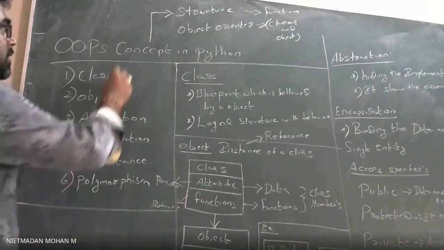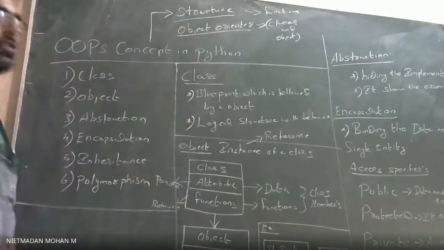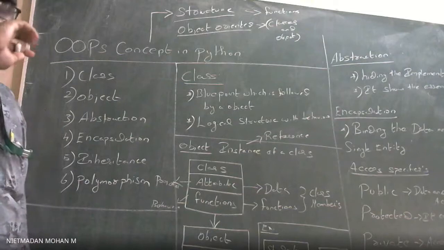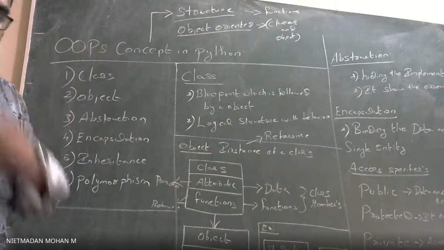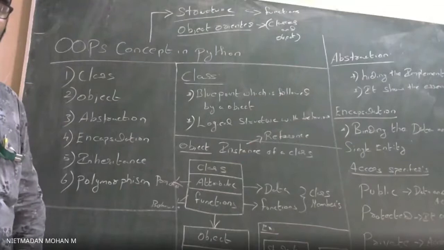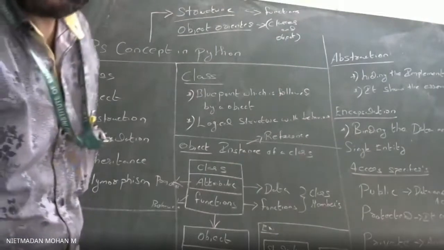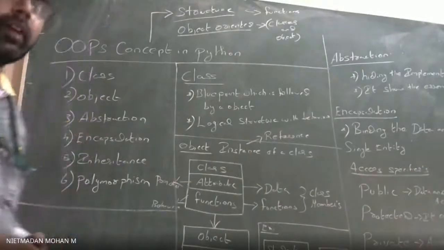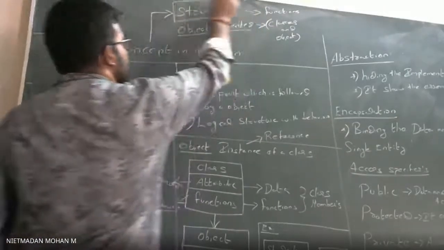Before going to the OOPS concept, we all know that a program can be considered in two parts: structure-oriented and object-oriented. Whatever programs you have done in PSPP, we used only a function-oriented concept, which is the structure-oriented concept.